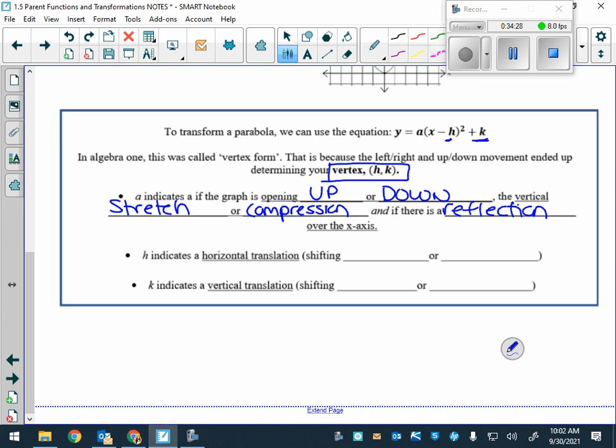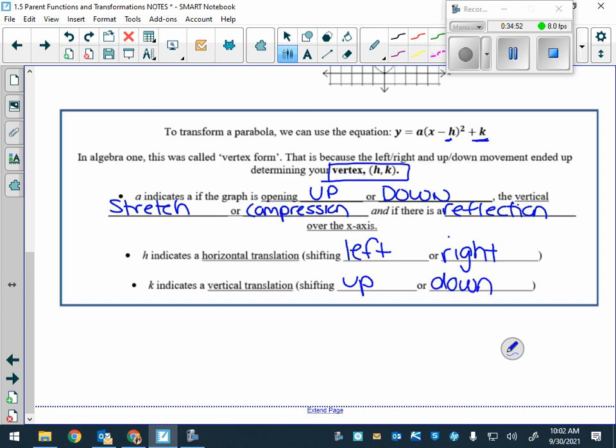Then H indicates a horizontal translation, shifting in what direction? Yeah, Eleanor. Left or right? Good. Okay. And then K indicates a vertical translation, shifting. Yep. Up or down. Good.